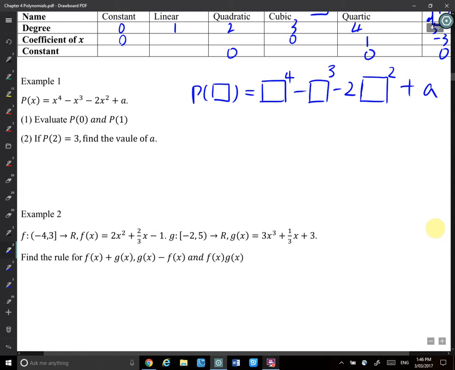So you evaluate p(0). That basically means you put 0 in all of the boxes, and that gives you a. And for p(1), put 1 in all of the boxes. So it's 1 minus 2 plus a, which gives you a minus 2.